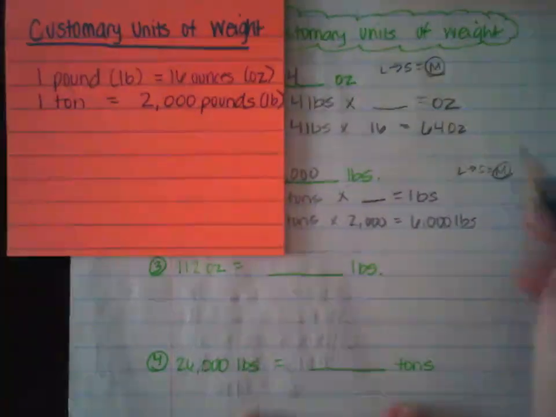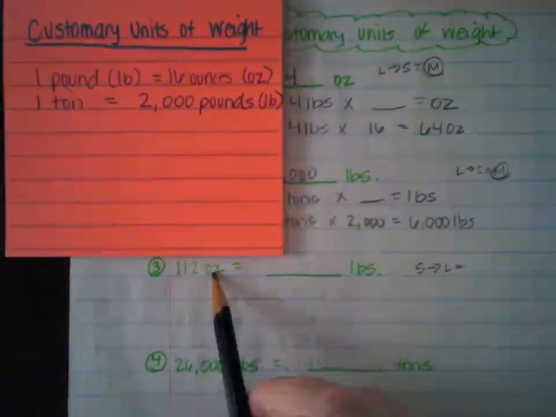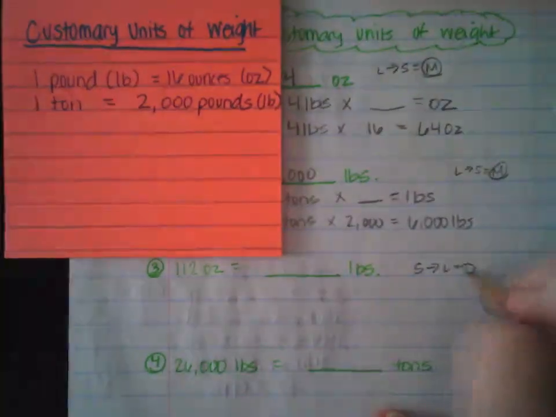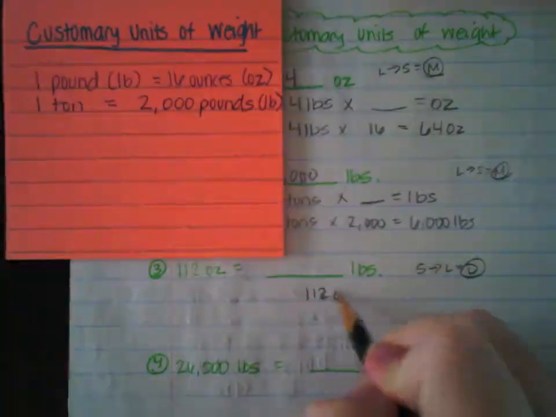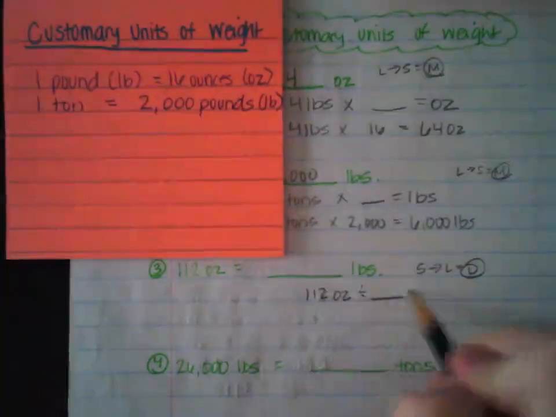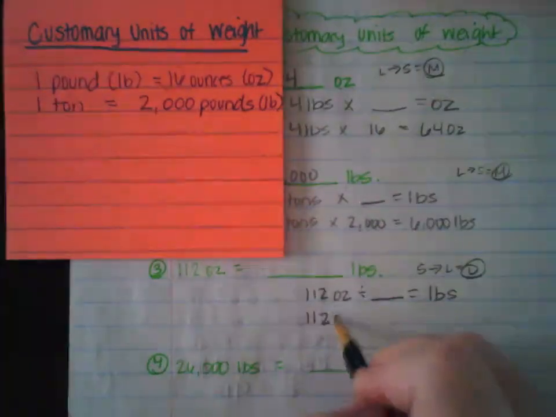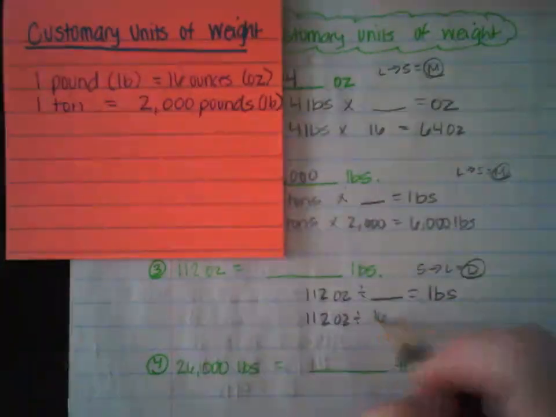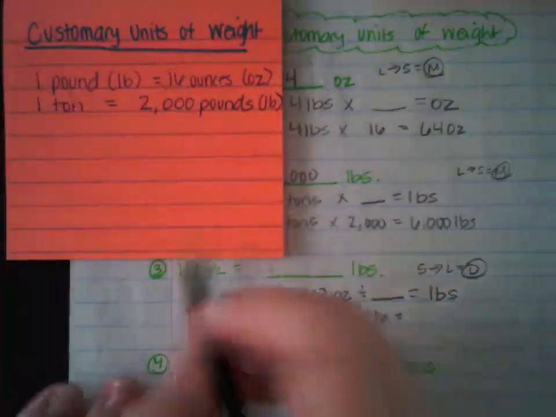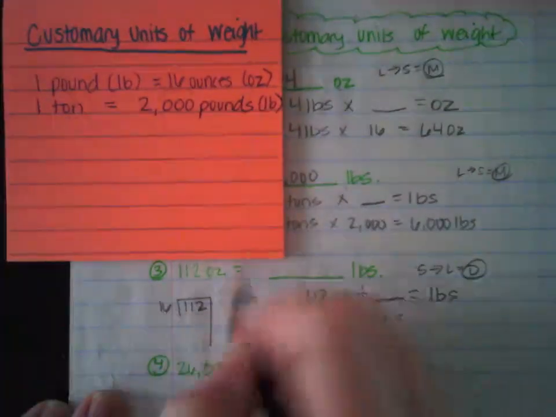So on number 3, you're moving from a smaller unit to a larger unit. Ounces are smaller than pounds, so you're going to divide. Okay, so you have 112 ounces. You're going to divide by something to equal your pounds. 112 ounces divided by 16 equals, so 112 divided by 16.